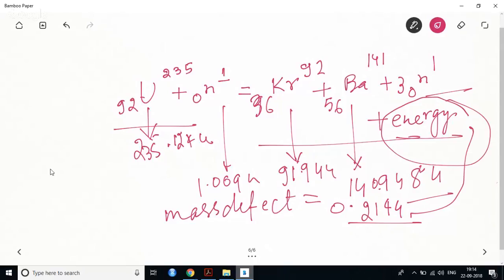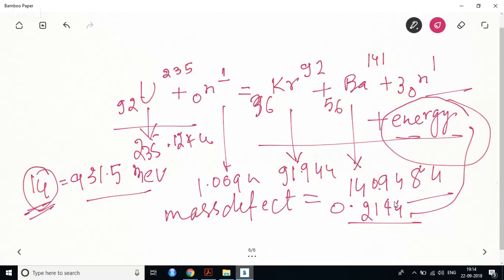So what that would be: if atomic mass of 1 unit is there as the amount of mass defect, 931.5 mega electron volt energy is produced.